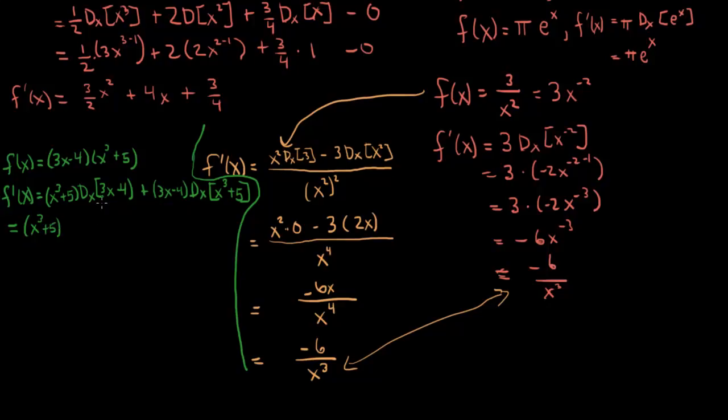Now what's the derivative of 3x minus 4? Okay, so the derivative of 3x minus 4, that's a polynomial, or it's binomial specifically. So we can take the derivative of these two things individually.